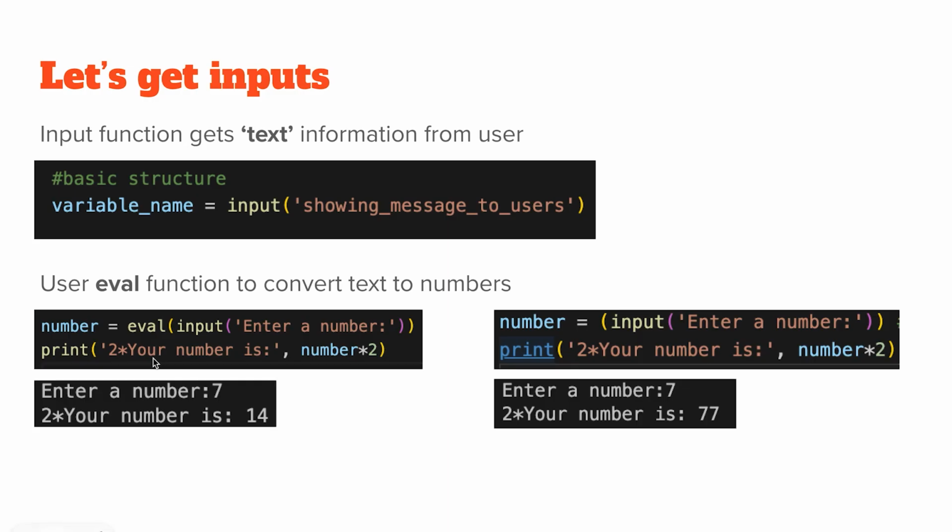So if you print 2 times that number, and you use the eval function, then for this example, if the number is 7, the output becomes 2 times 7, so 14 here. But if you don't use the eval function, so you leave it as text, then the output of 2 times your number would be 77 instead of 14.